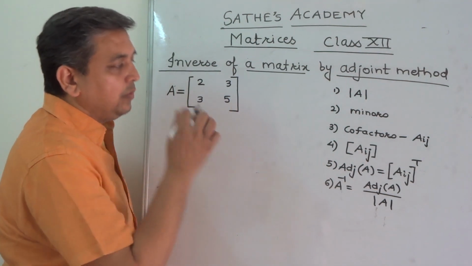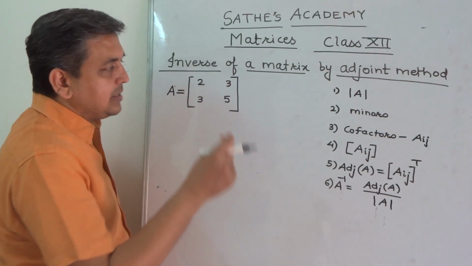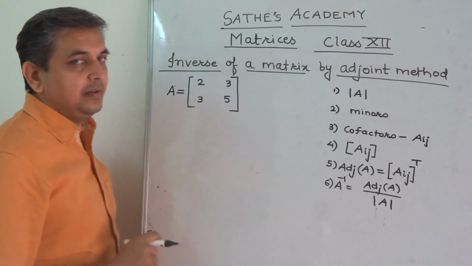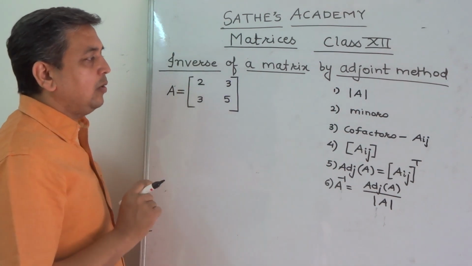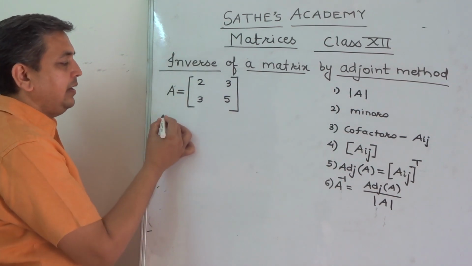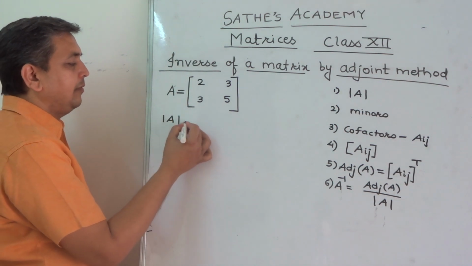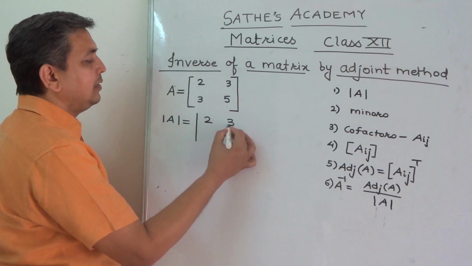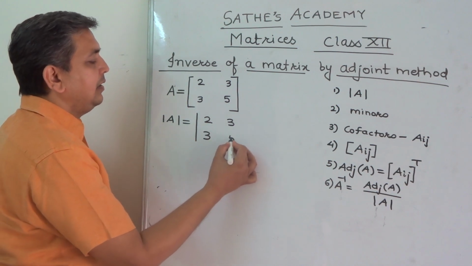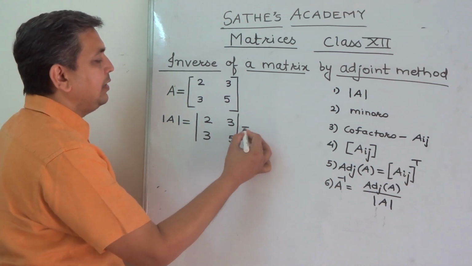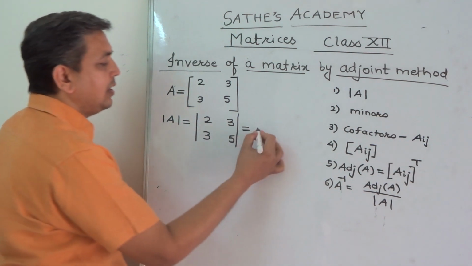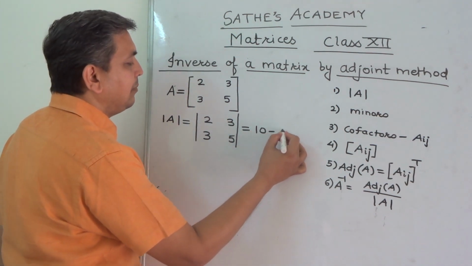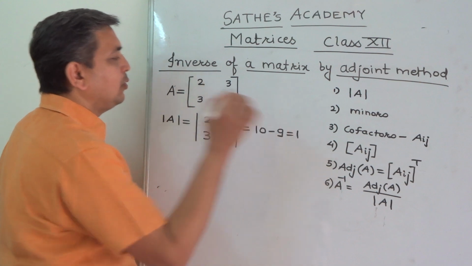Now we go step by step. Step number 1, we have to find determinant of A. Can we find determinant of A? Determinant of 2, 3, 3, 5, which will be 5 2s are 10 minus 9, that is equal to 1.